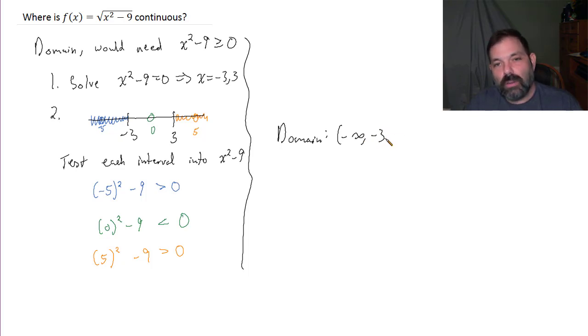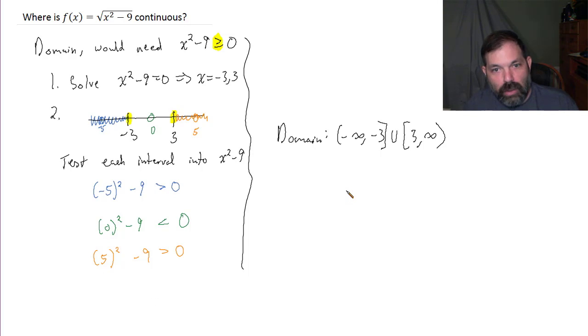Now, would we include the -3? Since it's an or equal to inequality, all right, since we have an or equal to inequality, then we can include the endpoints. So I'd have -infinity to -3 bracket, and then 3 to infinity. So that's the domain of this function.